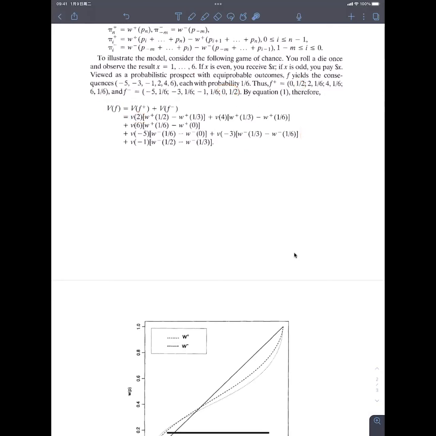Then the remaining task is how to measure the value V and the weights, positive W and negative W. That means the decision weight for gains or losses, and for each case, the value itself. For the value itself, we can use the prospect theory as we studied in class.